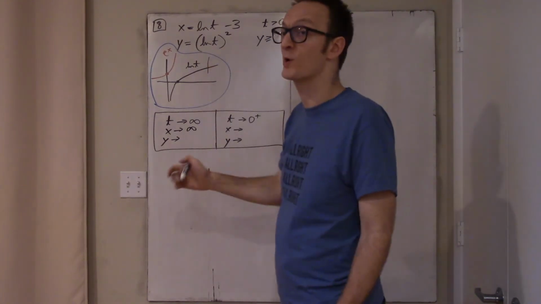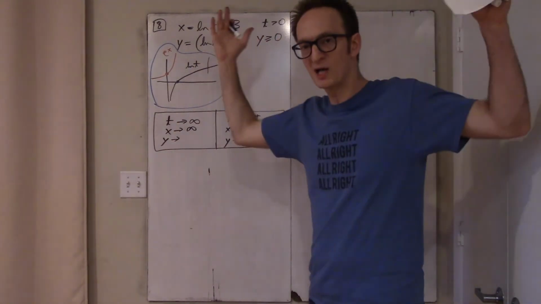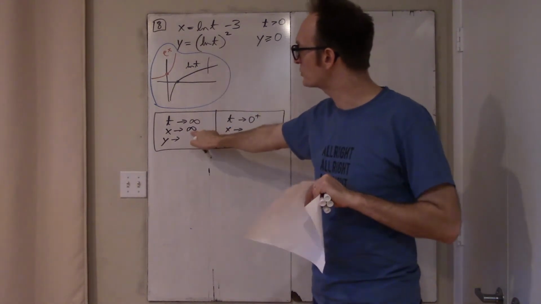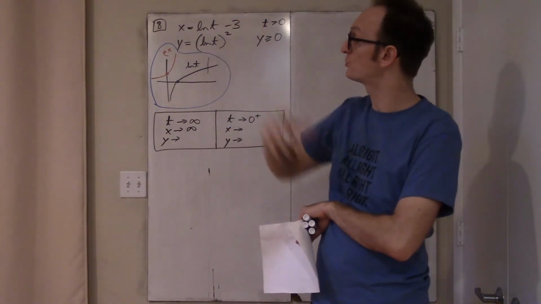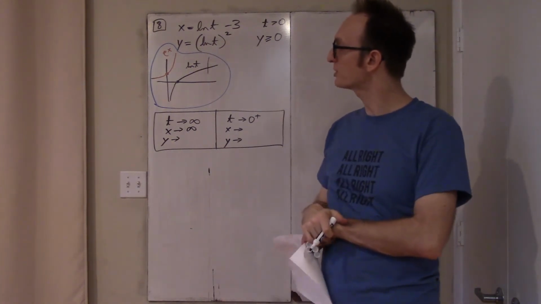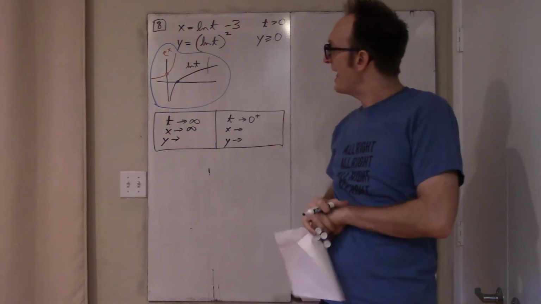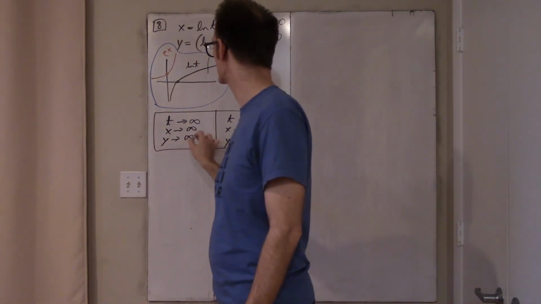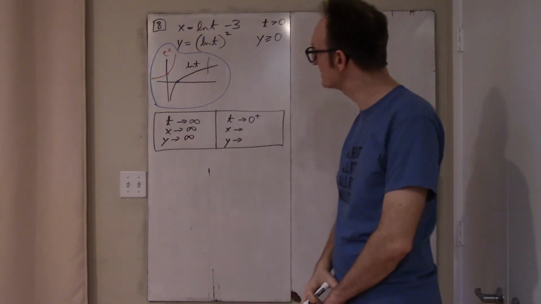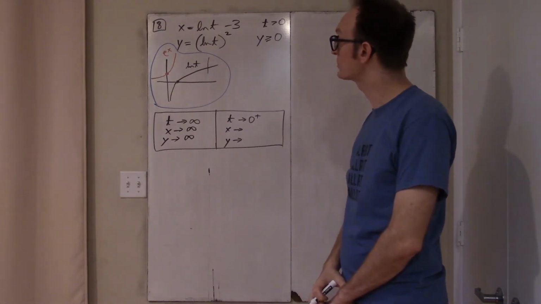If I plug in e to the 100th, an astronomically large number, it's only 100. But eventually x will continue to grow, because the natural log function does just keep growing and growing. And what about y? Well, same thing, right? Just slightly faster.